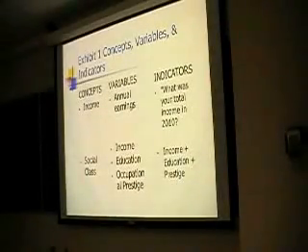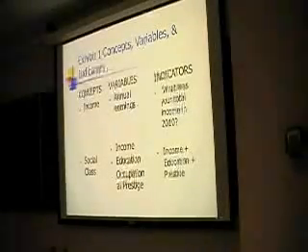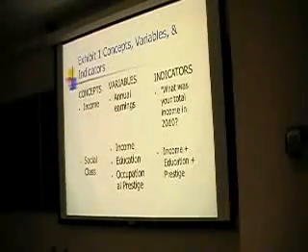If I asked you on a survey, and I'm not going to do this, but we can do it for fun, to tell me what your social class is, would you know how to answer that? What would be some of the categories? How many people could answer that? What's your social class or your socioeconomic status? Okay.